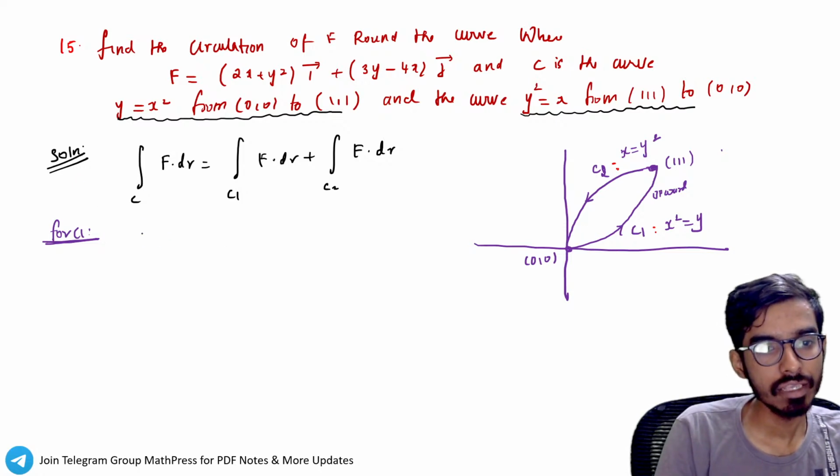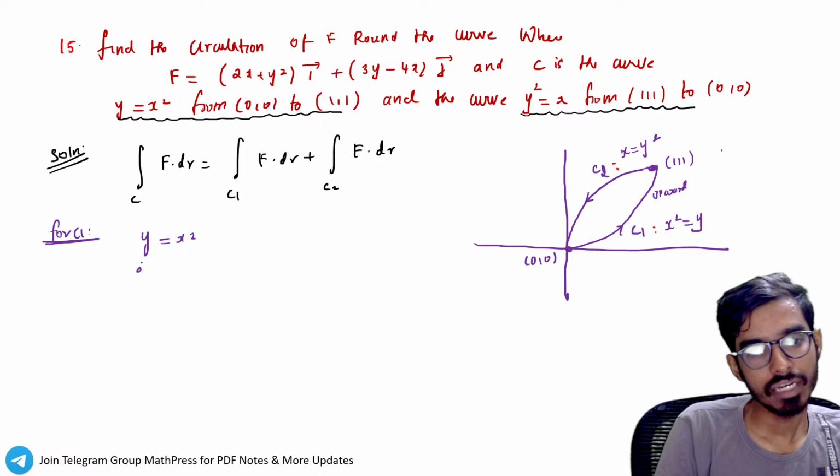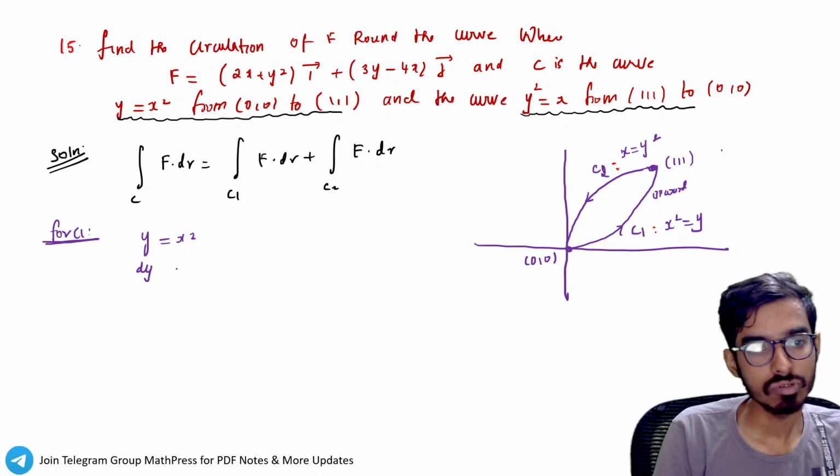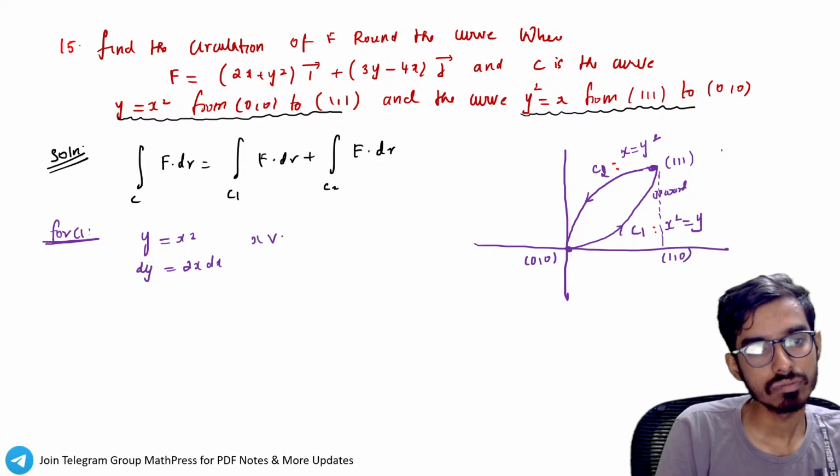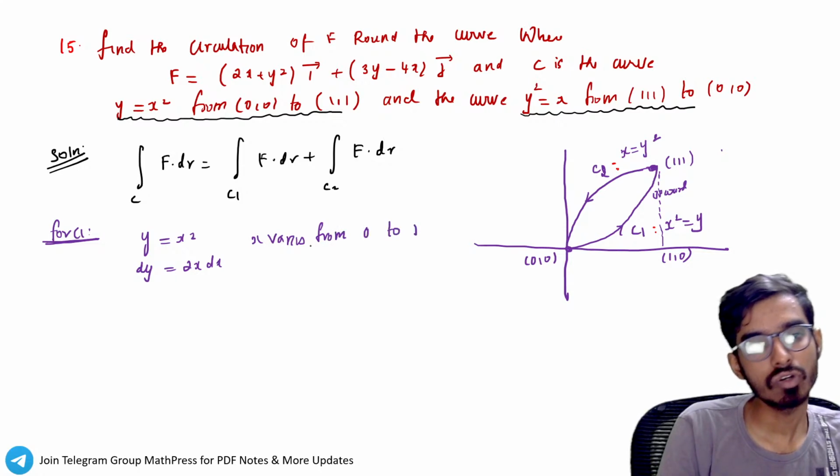For C1, y is equal to x square, so I'm converting everything in terms of x. That means dy will be 2x dx, and x varies from 0 to 1.